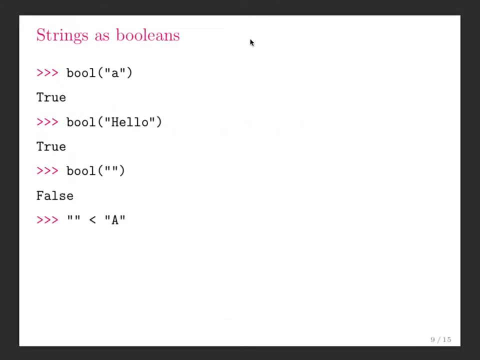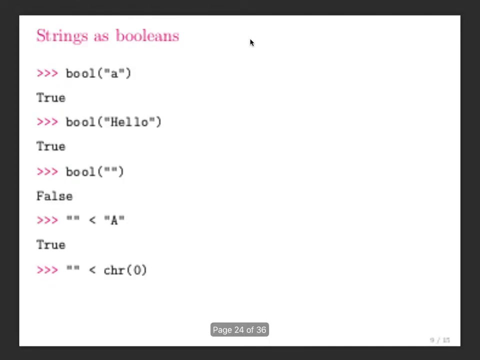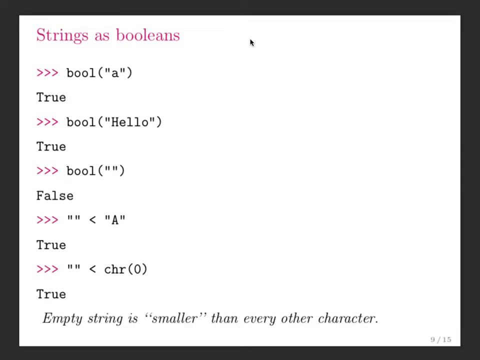This is something interesting and very useful. We can string compare, so the empty string is less than A. That's true. Furthermore, the empty string is less than the character that has Unicode 0. What does this mean? There is no Unicode character -1.